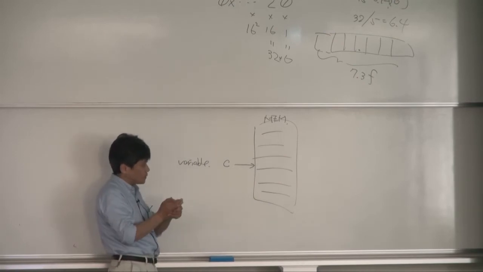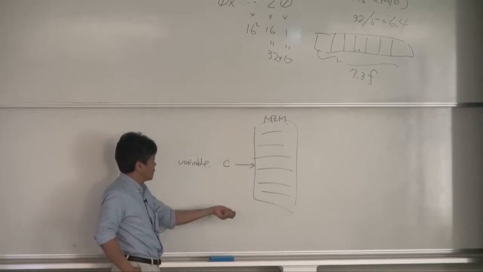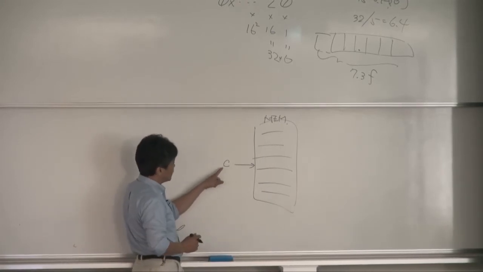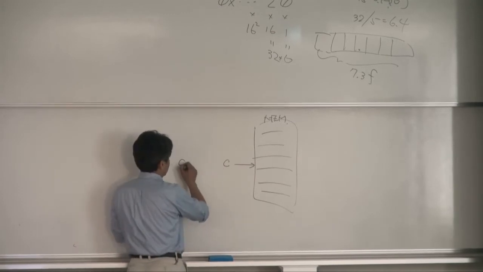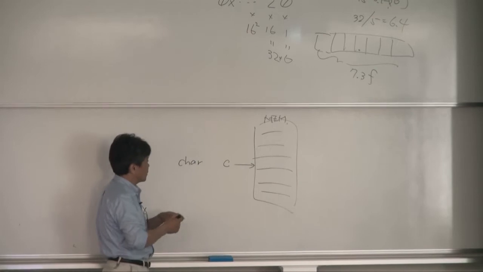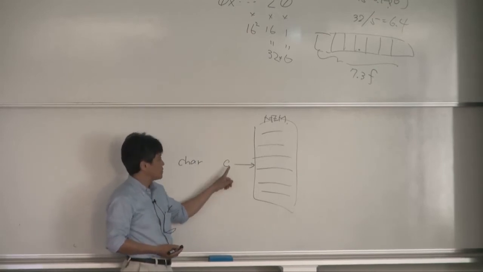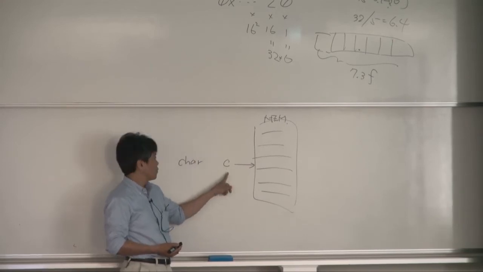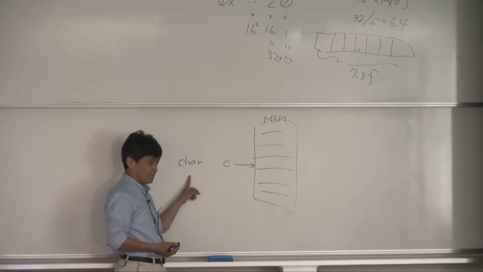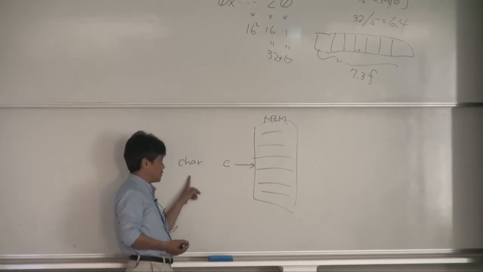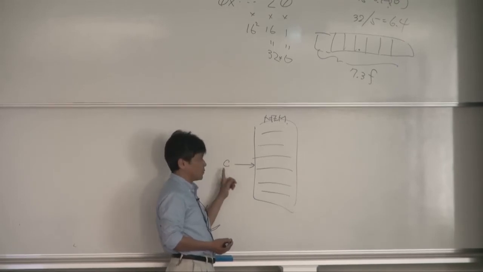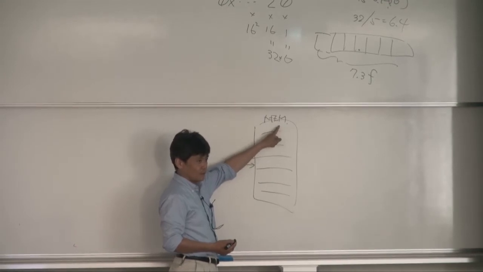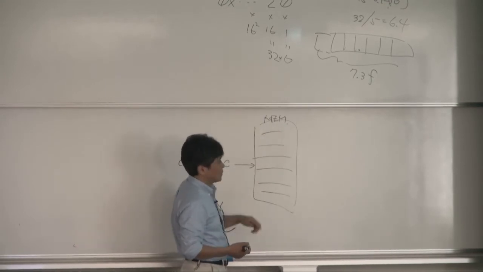As I explained, if you declare a character variable, with the variable name c, in this case c is the variable name for a character variable. Actually, this variable has one box inside the computer memory.